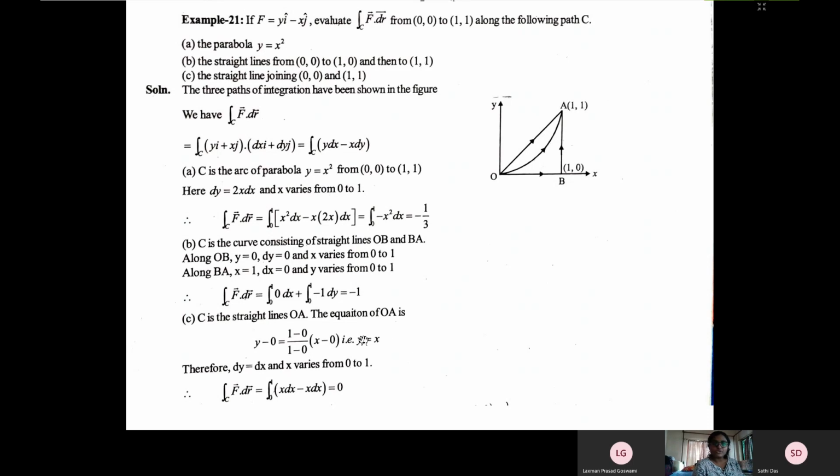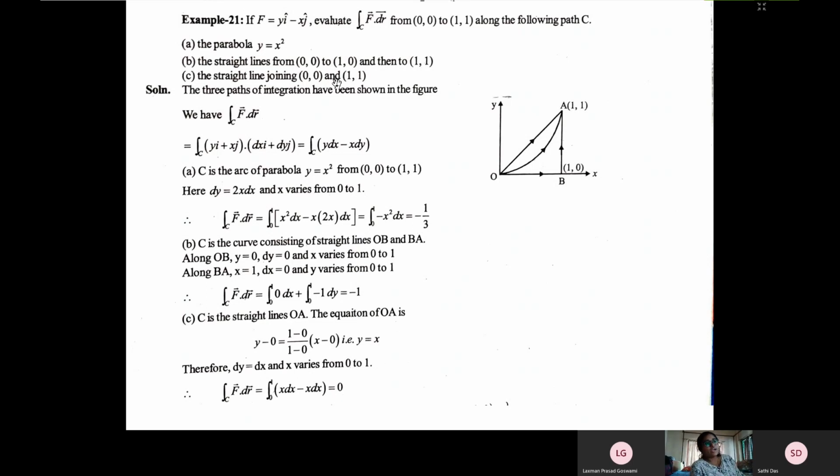So you find that y equals x, so dy equals dx, and x goes from 0 to 1. So the integral of F dot dr equals the integral from 0 to 1 of x dx minus x dx, because y you write as x, and dy you write as dx. So it will give you 0.